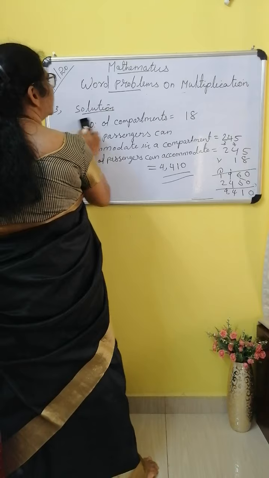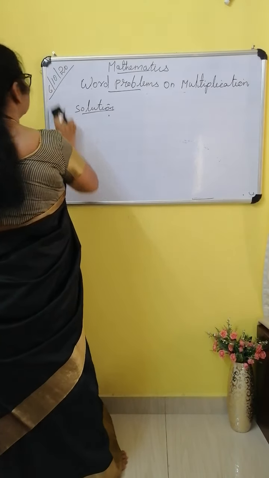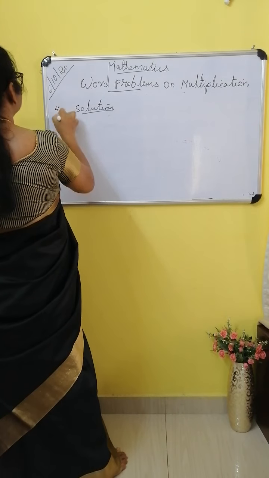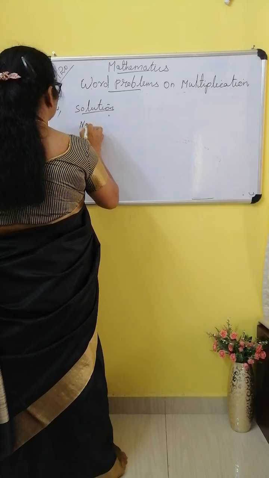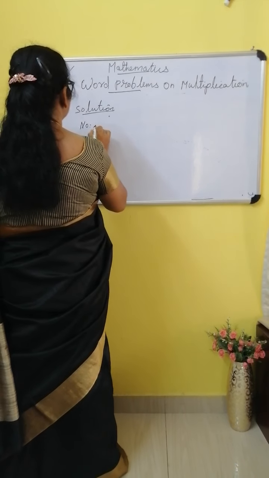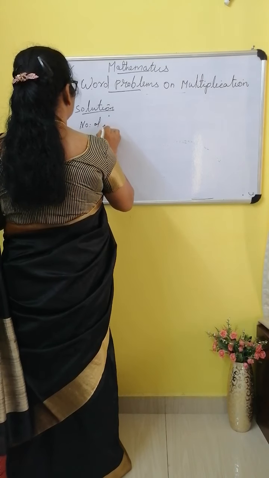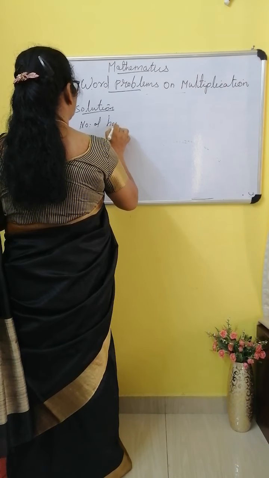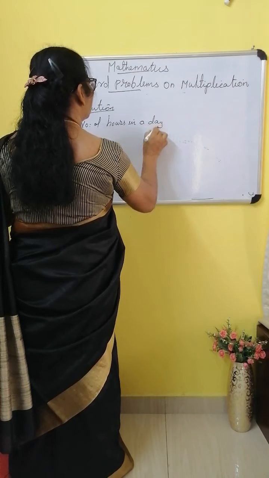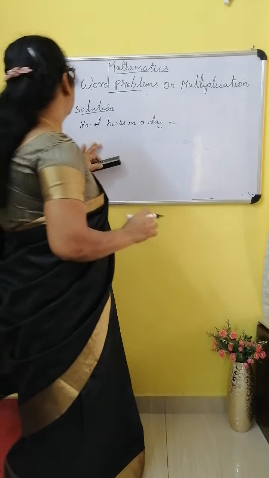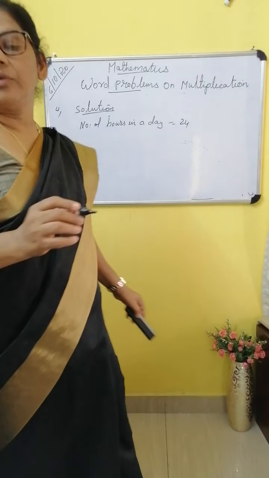Third one. Next, fourth one. Number 4. How many hours are there in a day? 24 hours.